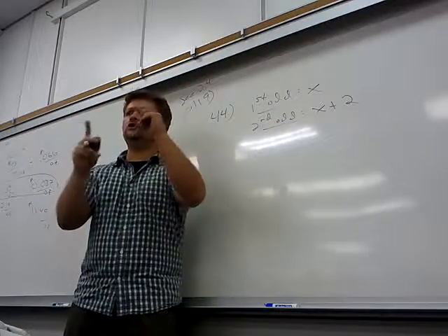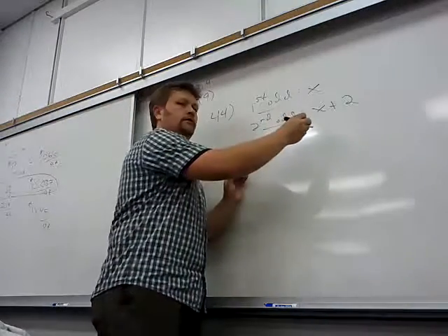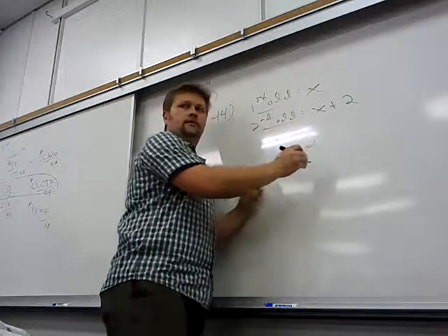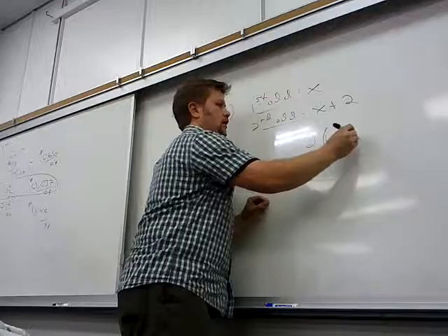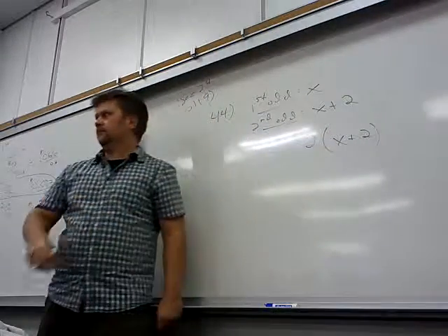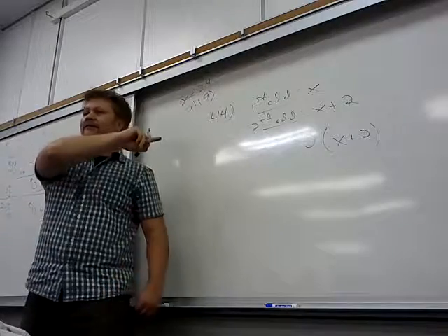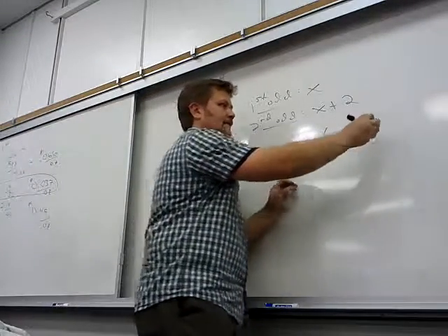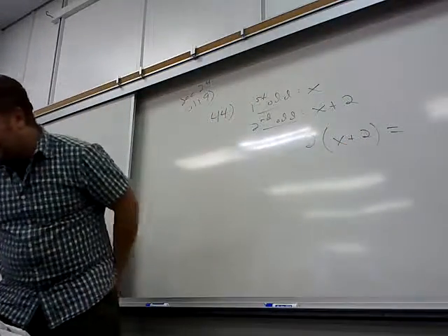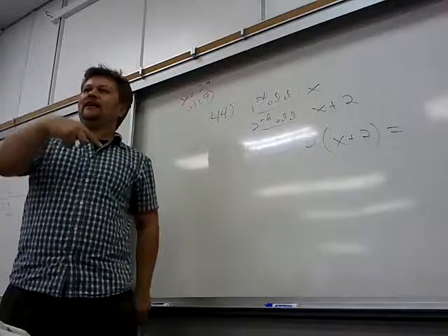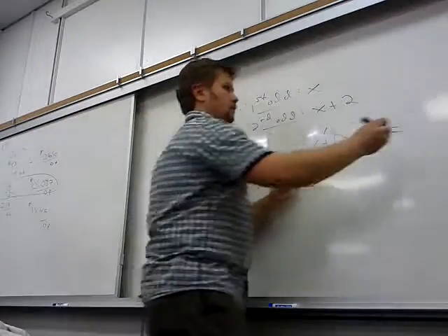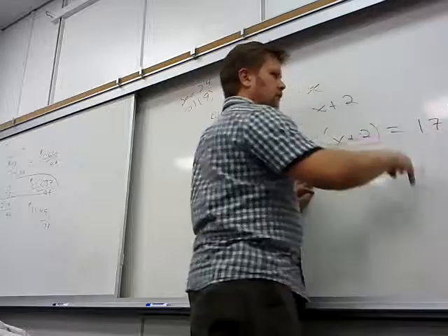So it says twice the greater. How do you write that in math? Twice the bigger one is equal to 17 more than the lesser one. 17 plus x, or x plus 17.